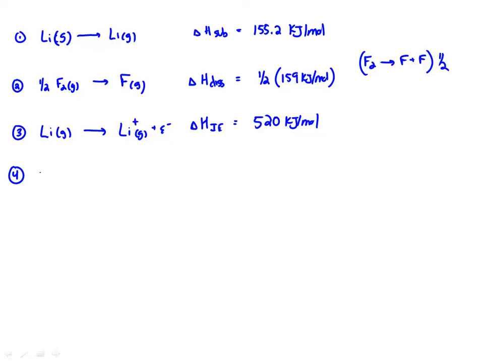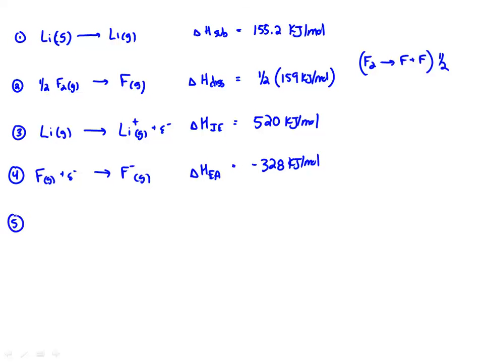The other thing I have to do is I have to take my fluorine gas and I have to give an electron to get fluorine minus gas. That is my electron affinity. So that is minus 28 kilojoules per mole.